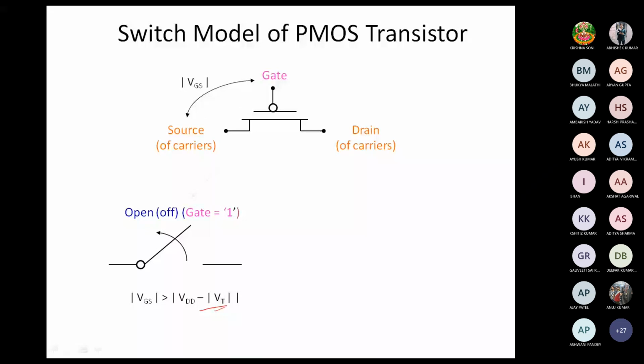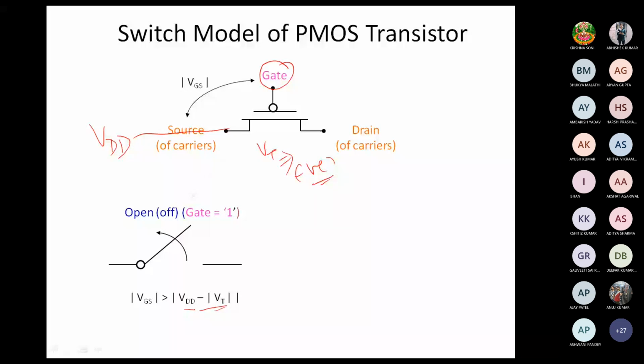It is because the source is at VDD in the PMOS, and we need to apply a gate voltage which is greater than this value VDD minus VT. So for PMOS, the VT is negative.